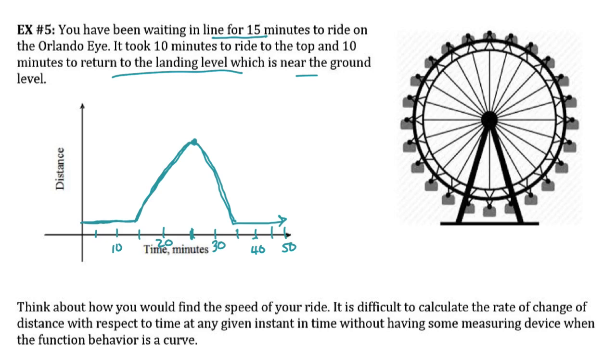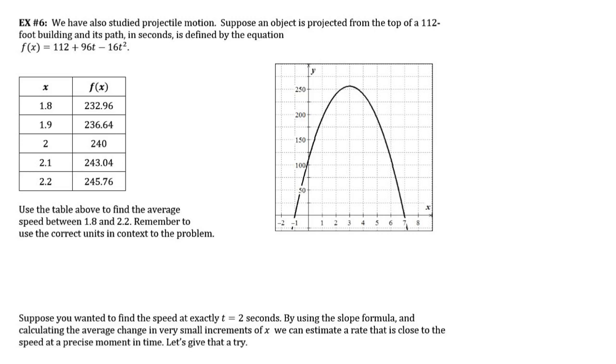All right, let's look at the next one. For this one, it says we've studied projectile motion. So you've got an object projected from the top of a 112-foot building, and its path in seconds is defined by this equation. And we've got a nice table, and it says to use the table to find the average speed between 1.8 and 2.2.